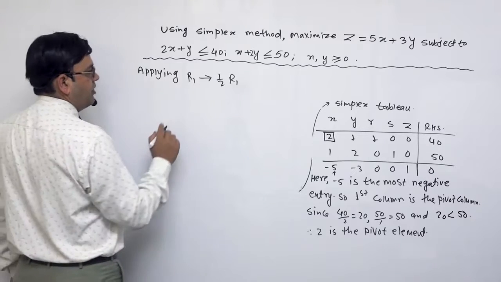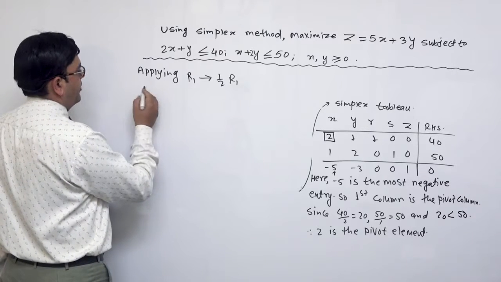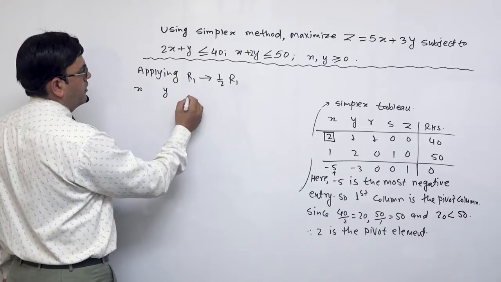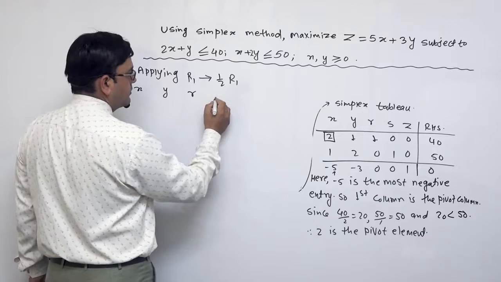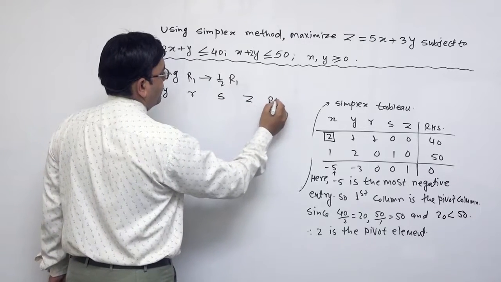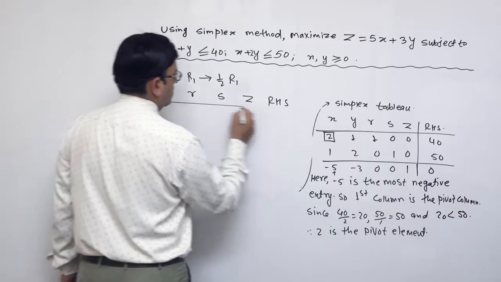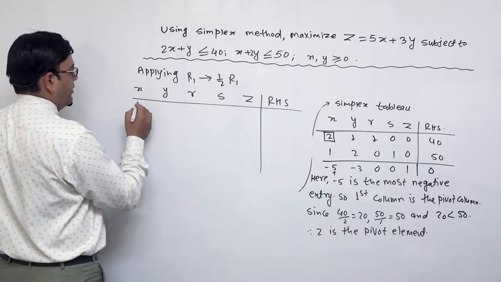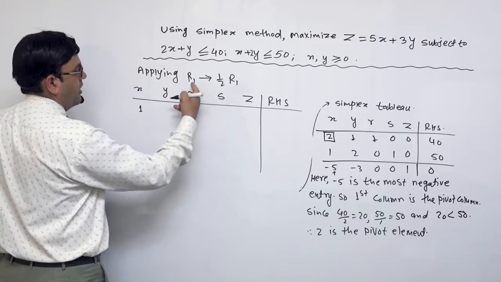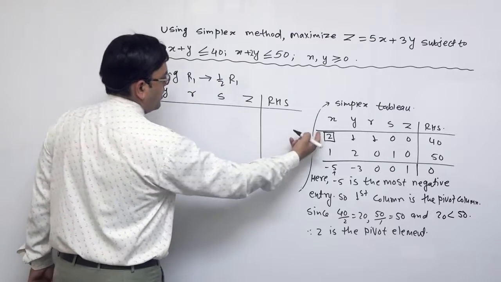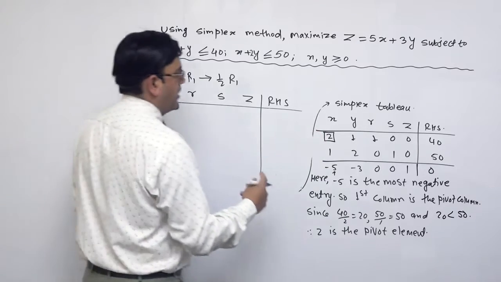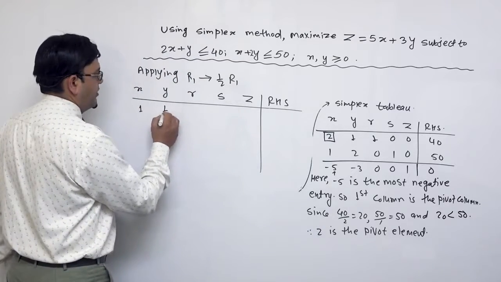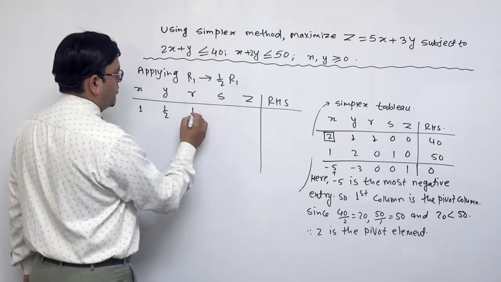Now look, next our table has x, y, R, S, Z, RHS. So we have here 1 because R1 changes into 1/2 R1. So 1/2 times 2 is 1. Here 1/2 times 1 is 1/2. Similarly another also 1/2.